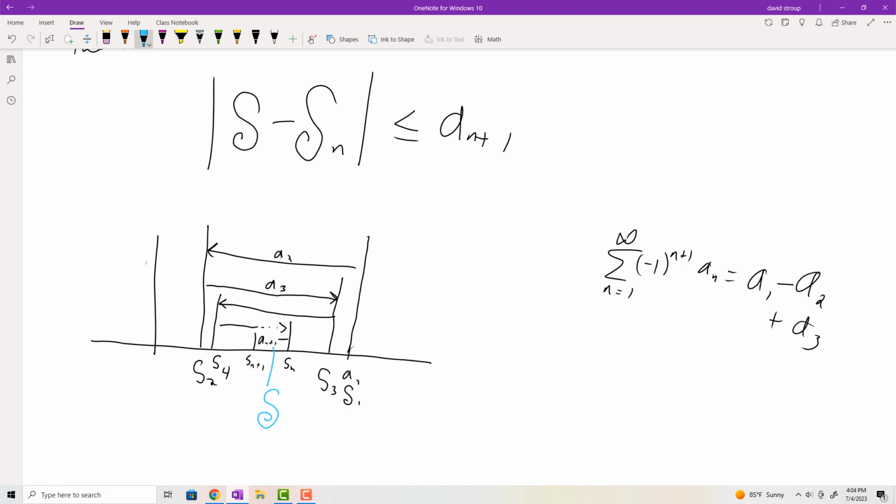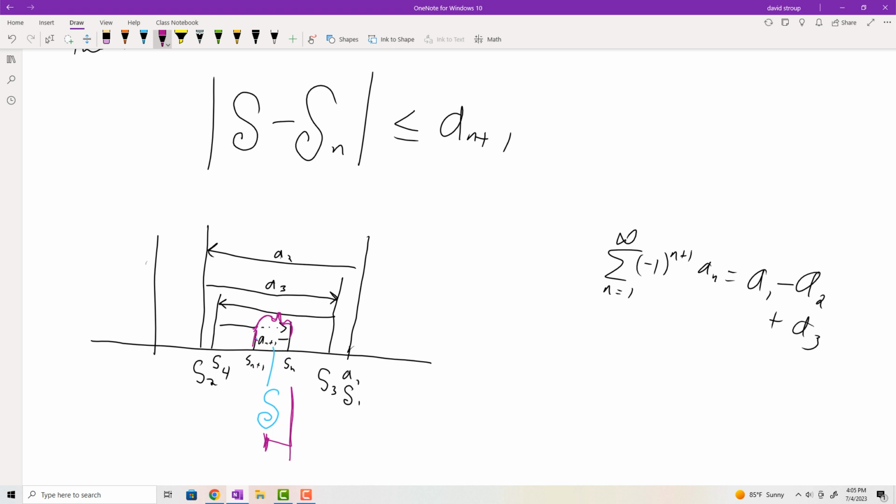So the distance between s and s sub n, in other words, the distance from this S over to that S sub n right there, is less than the a sub n plus 1 that you use to move over to S sub n plus 1.